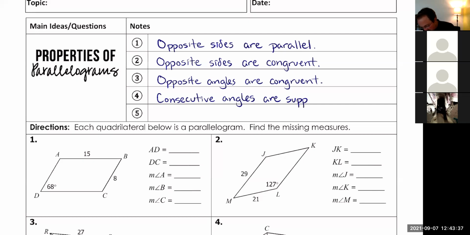Is that my 90 or my 180? Supplementary is 180 degrees, which is another reason why we use those notes so heavily. There's a lot of terms to keep track of.